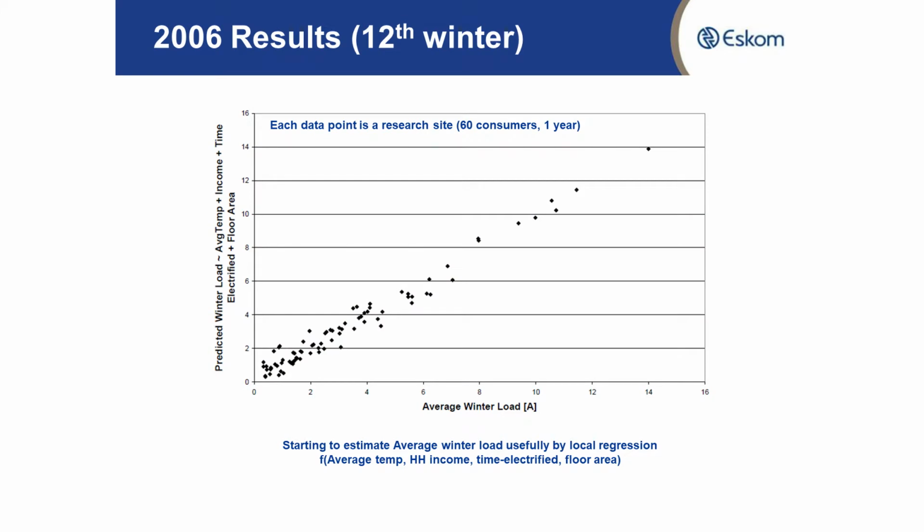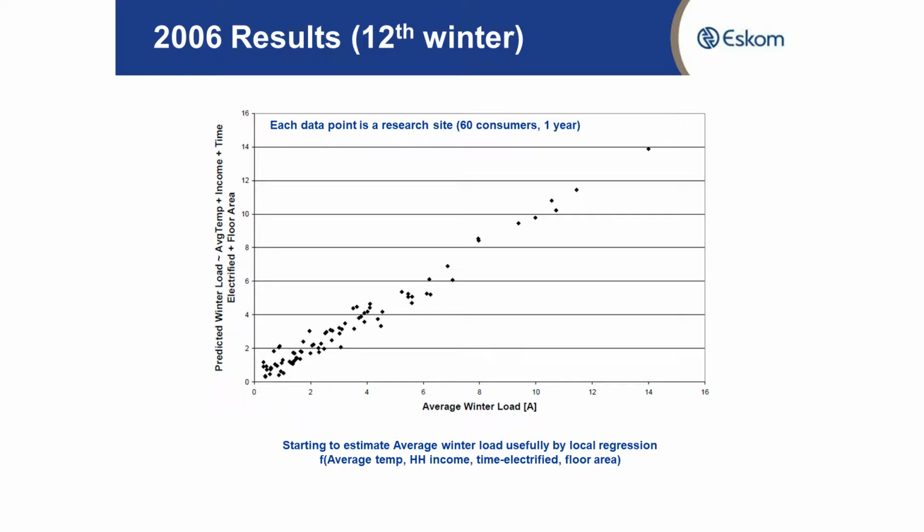This is the data from 2006, so that's 22 years later, 24 years later. Each point is 60 consumers for 1 year. Now you can start seeing your average winter load and your predicted winter load. If this curve is unity, then we're 100% accurate.